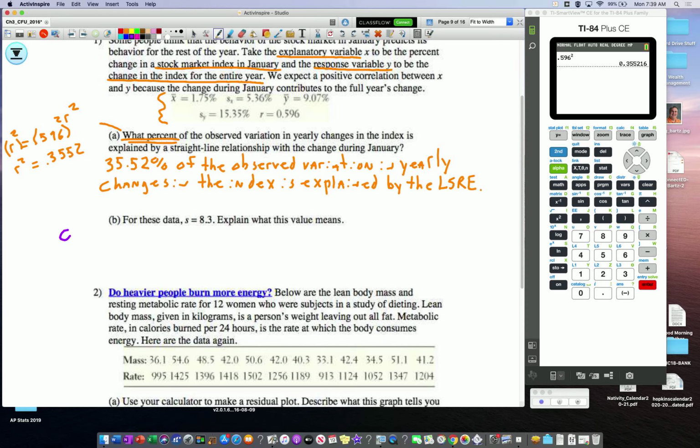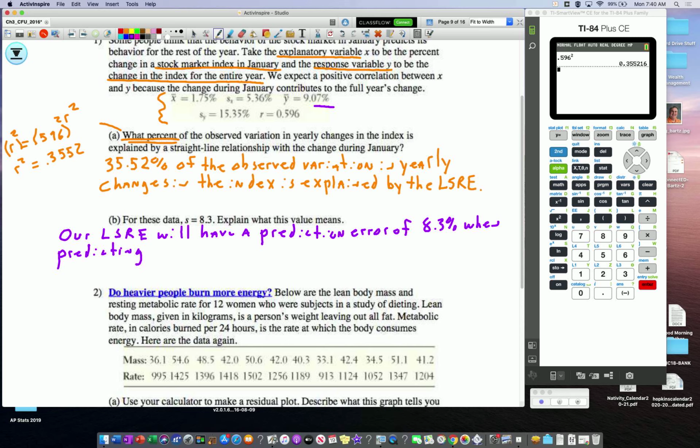So what we can say is our least squares regression equation will have a prediction error of 8.3%, since the Y value is a percent, when predicting the Y value.